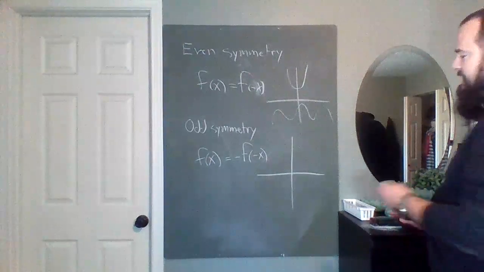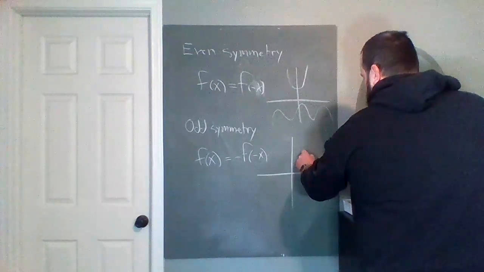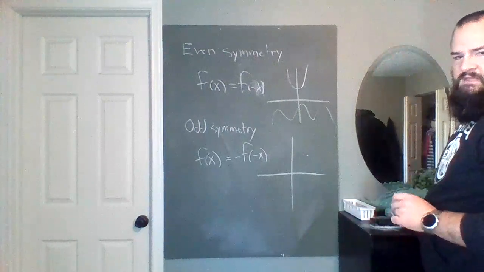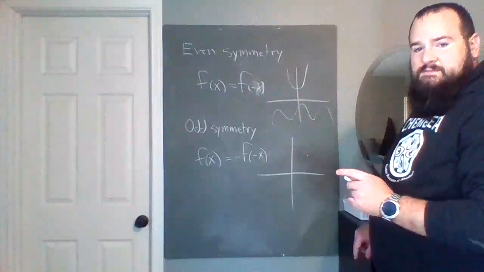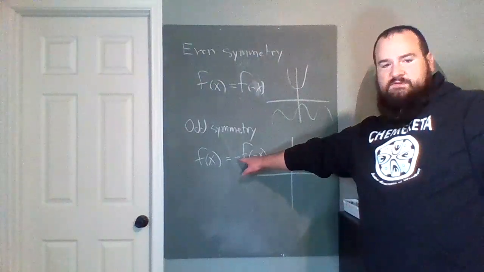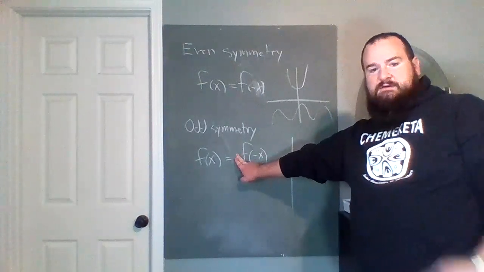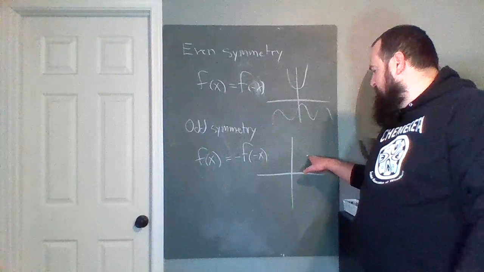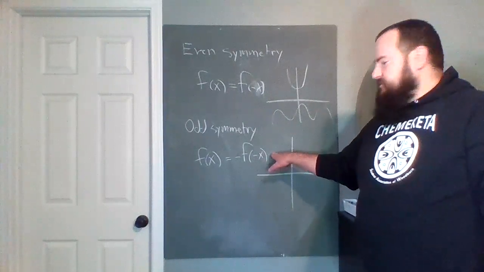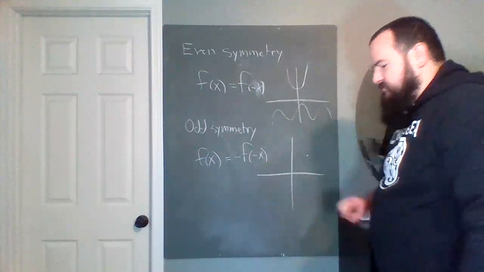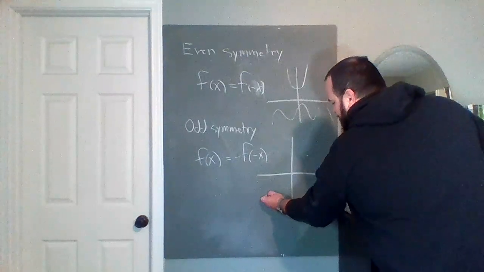Graphically speaking, if f of x, so let's say, here's that point, that point has to be the same as the negative of f of negative x. So if we got rid of this negative, then that would be just even symmetry, which means it would be right here. But what odd symmetry does, it just makes that negative.